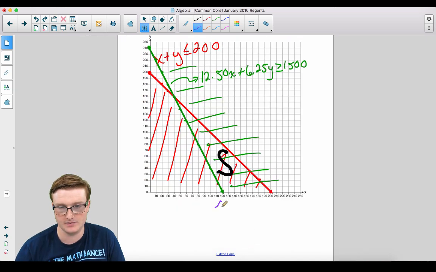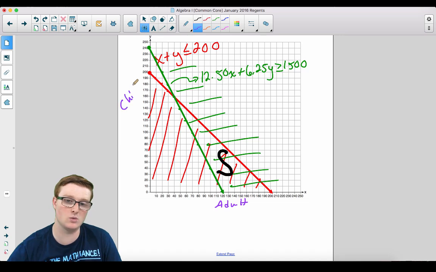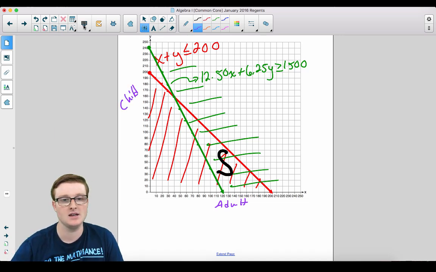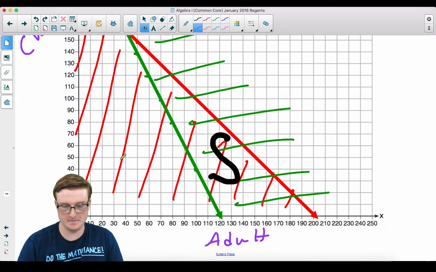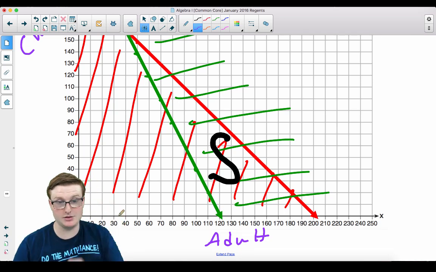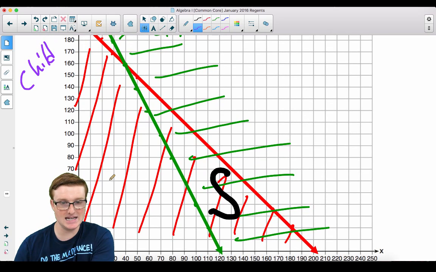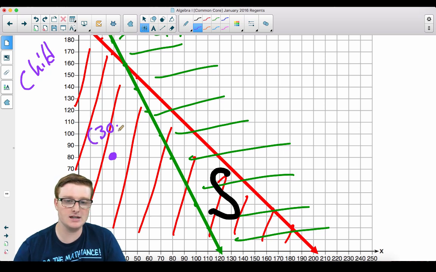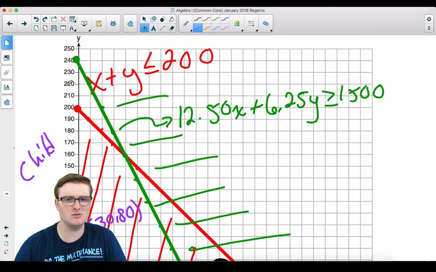These are adults, because adults are the X values and the children are the Y. So children are over here. So 30 adult and then 80 child tickets. So this is the point 30, 80, and this is, wait a minute.